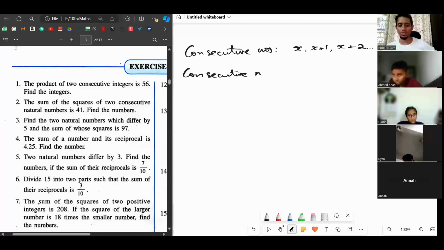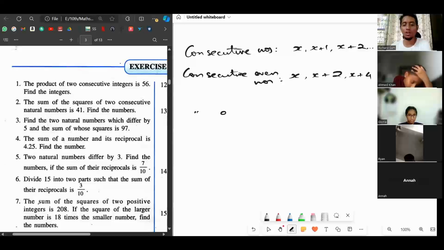Right. So consecutive even numbers, how will we represent them? The first number we will take as x, the next number as x plus 2, the next as x plus 4, and so on. You can take as many as are asked in the question.